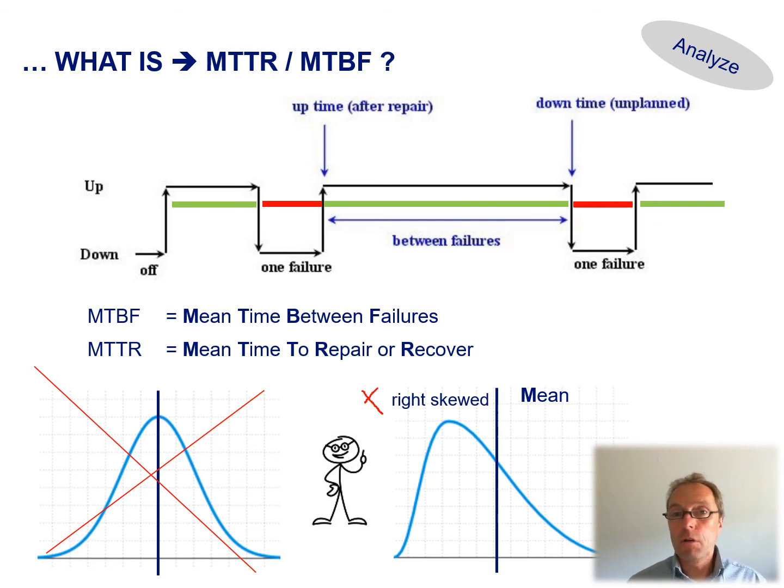So the machine is working, and once in an hour you have a small stop, and the time to repair is maybe 2 minutes. Once in an hour you have a stop, and you need to repair or recover the machine in 2 minutes.